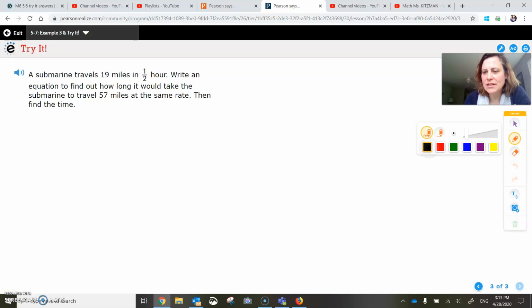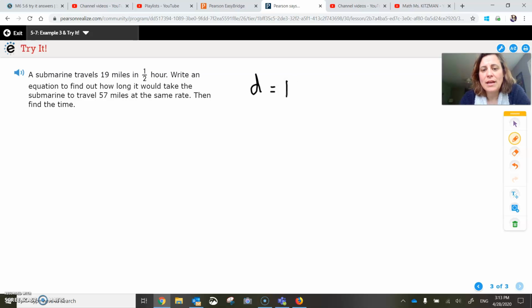This last one is interesting because I think that there are lots of different ways to come up with the right answer here. What we learned in the example, this is for example 3, try it, we found out that the distance you travel is equal to the rate or the speed that you're traveling times however long you travel that fast. So in this case, it is saying that a submarine travels 19 miles in a half an hour.